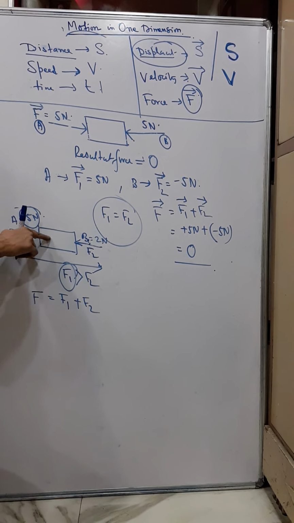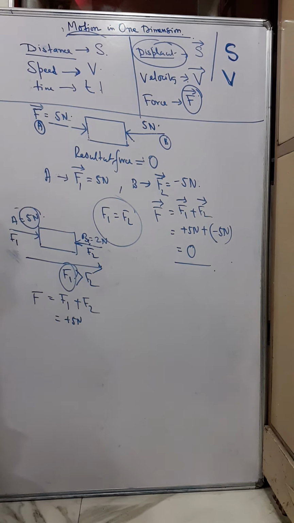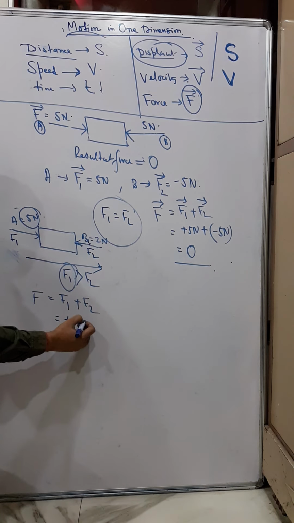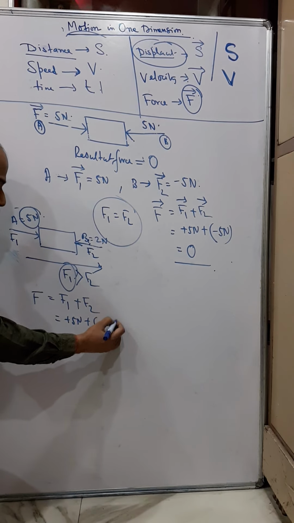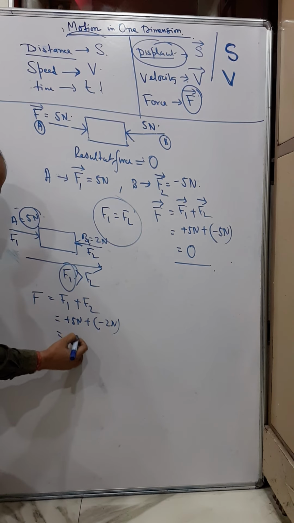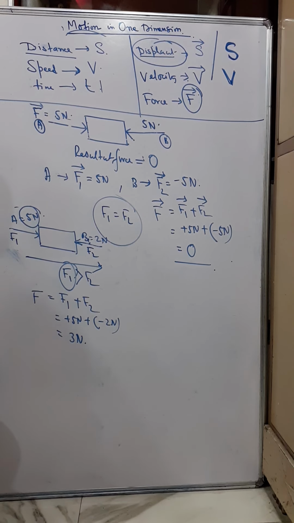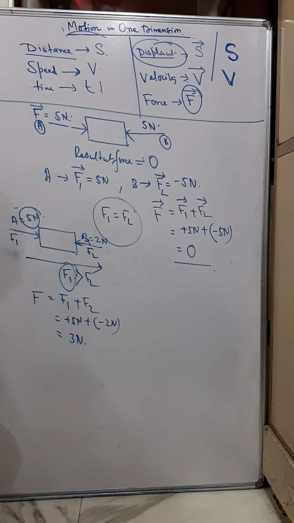Since F1 is in the positive direction, we write plus 5 Newton. And F2 is in the negative direction, opposite, so we write minus 2 Newton. The resultant force will be 3 Newton. So this is some concept about vectors. Okay, understand?